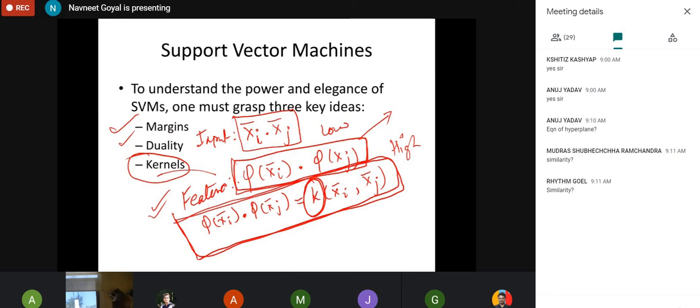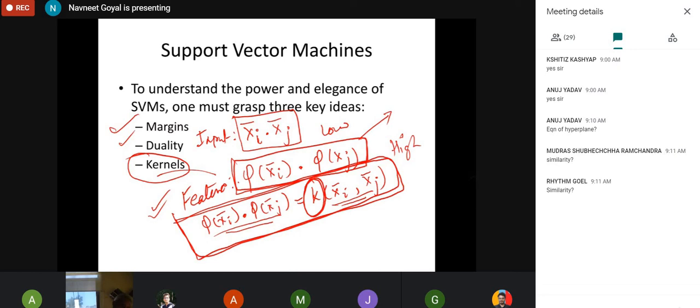Okay. All right. So I tell you that there is a function k which does something good here. What it does is that this dot product in the high dimensional space is now converted into a calculation which does not involve phi, which is in the input space itself.